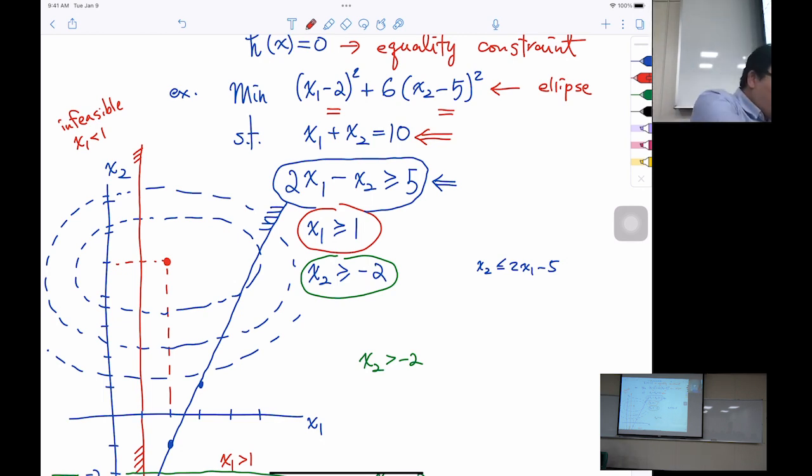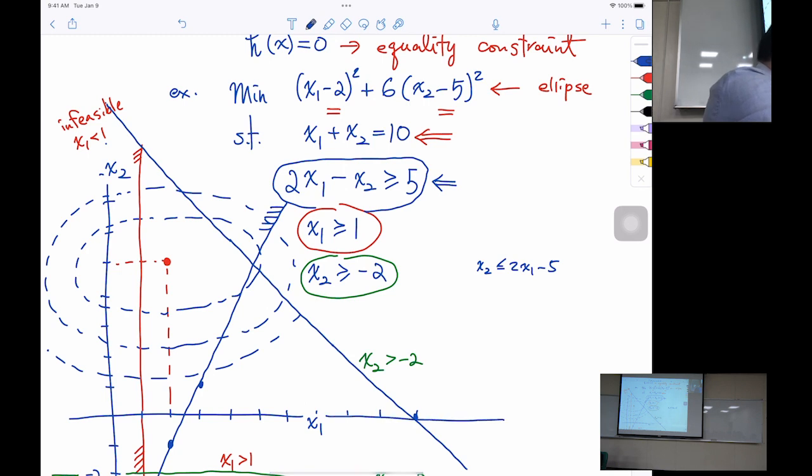It's somewhere like this. Some straight line like that.